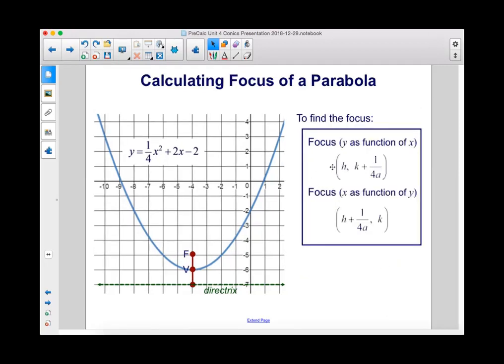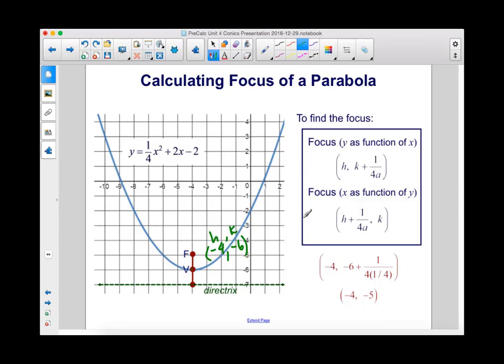To find the focus when y is a function of x, use h, k plus 1 over 4a. And to find the focus when x is a function of y, it's h plus 1 over 4a, k. In this example, we have the vertex at -4, -6, and remember, that is h, k. So h is -4 and k is -6.